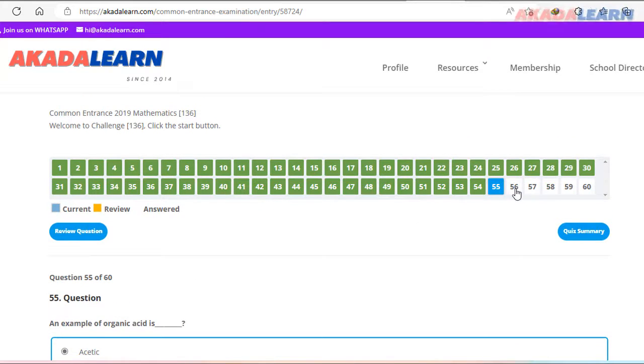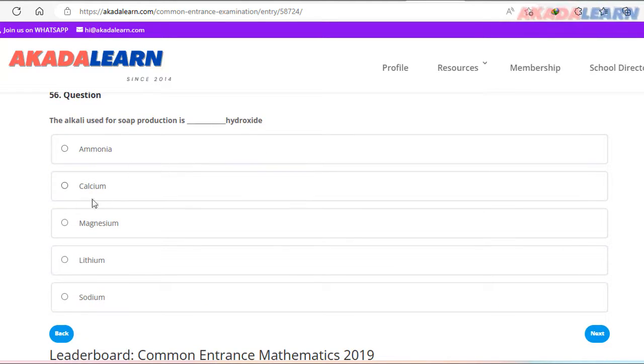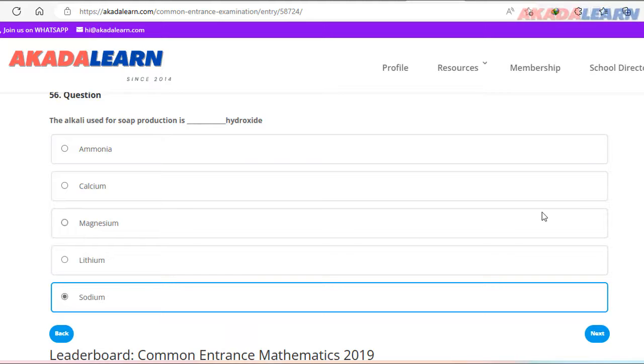So let's go to question 56, and the question is, the alkali used for soap production is dash hydroxide. So is it ammonia, calcium, magnesium hydroxide, lithium hydroxide, or sodium hydroxide? And the answer, of course, is sodium hydroxide.